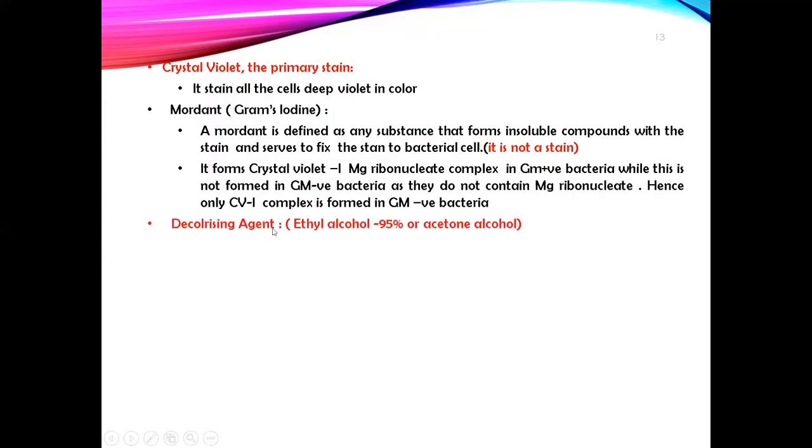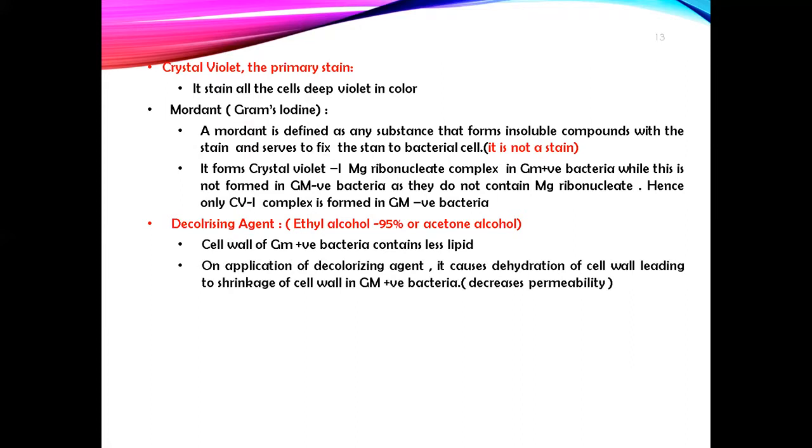Then comes the major differentiating step, that is the decolorizing agent, ethyl alcohol 95% or acetone alcohol. So the cell wall of gram positive bacteria, as discussed earlier, contains less lipid.